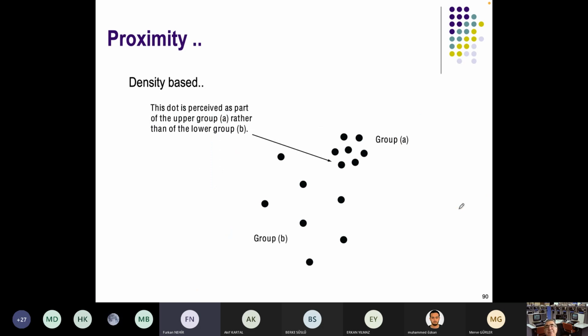Proximity can be played in different ways. One different example is density-based proximity. So there are coarse ones and there are dense ones. If you want to group these together, your brain perceives the right part as one and the left part as a second group.